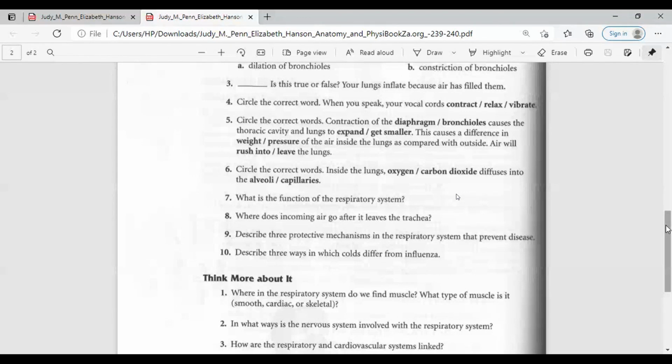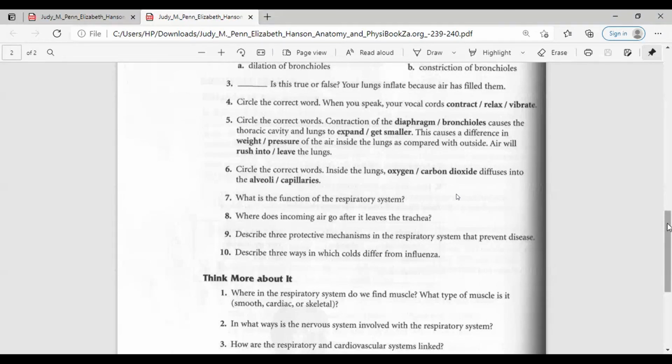Sorry, I can't hear you. You can't hear me? Okay, thank you. Is the internet connection bad? It's slow? Okay, thank you. There are 3 types of bronchi, which I've taught you already: primary bronchi, secondary bronchi, and tertiary bronchi, right?